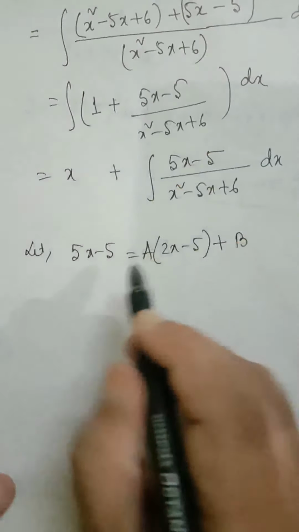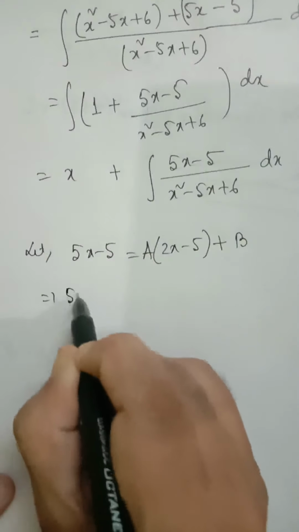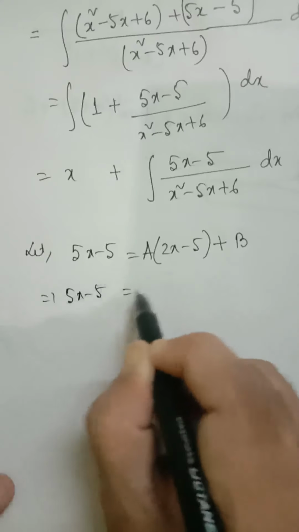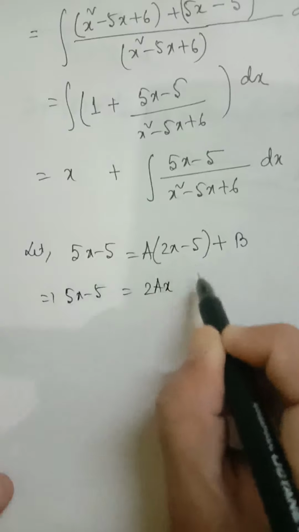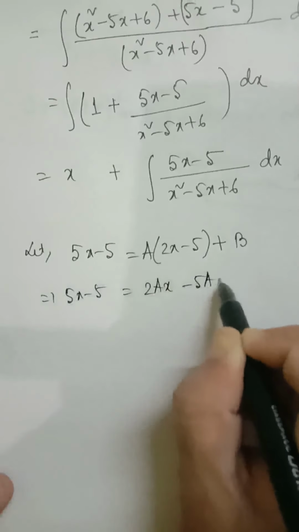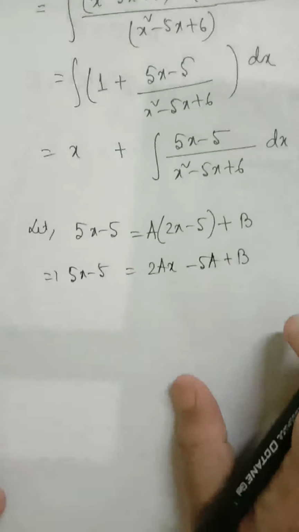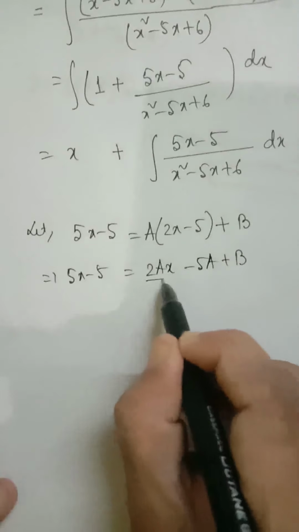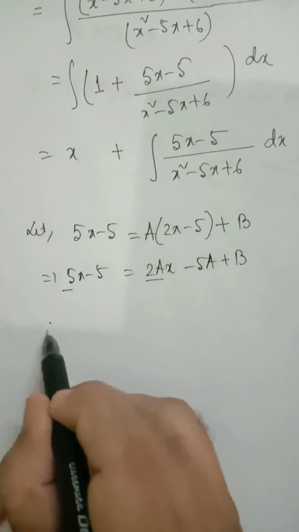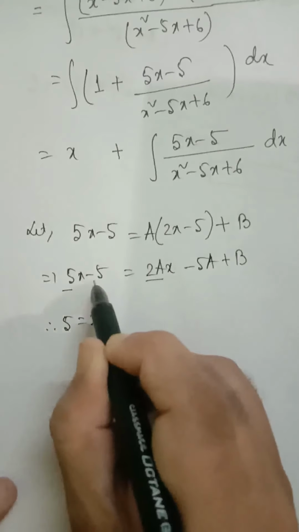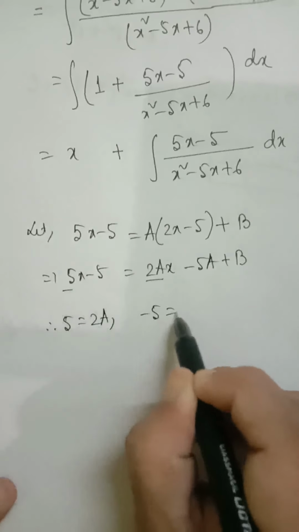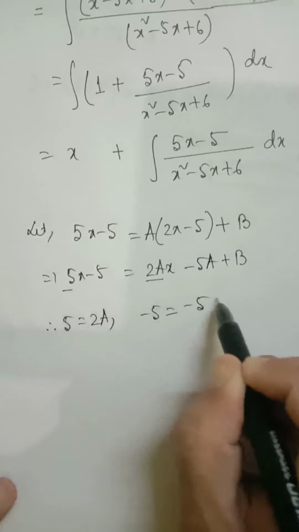Now we'll find a and b. For that, first we'll multiply this: 2ax minus 5a plus b. Next we'll compare coefficient of x. 2a, coefficient of x is 5, therefore 5 equal to 2a, and constant term minus 5 is equal to minus 5a plus b.